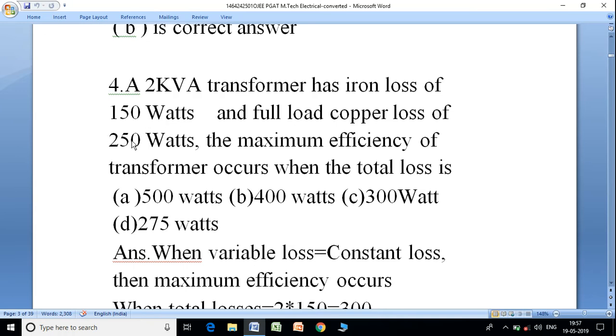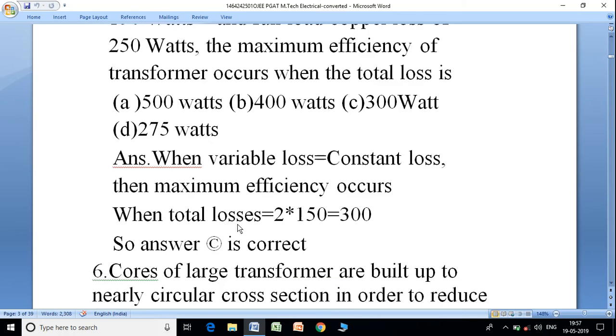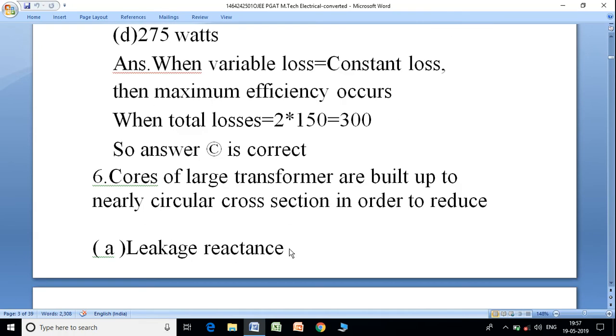We cannot keep it 250 because this is variable loss. Therefore total losses is equal to 2 into 150, that is 300. We only multiply 2 with the constant loss, because it is always constant. So answer C is the correct answer.